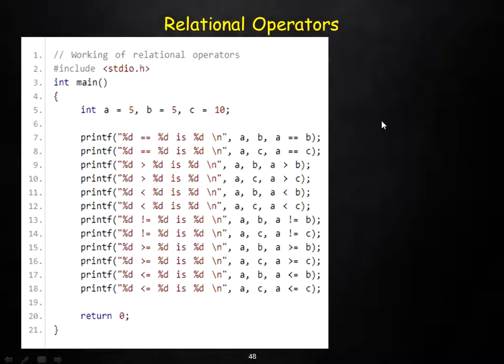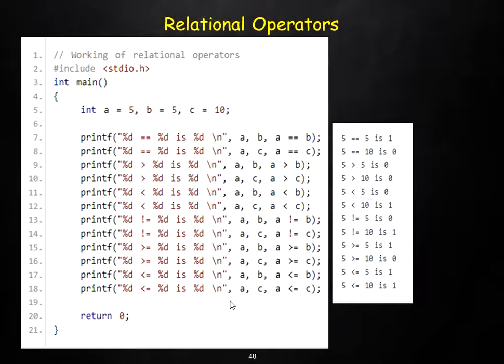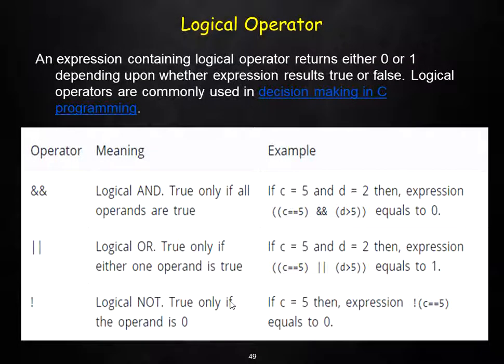So this is a code which explains the output performed for variables a=5, b=5, and c=10. The different relational operations are performed here and the output is obtained. Answers are here.